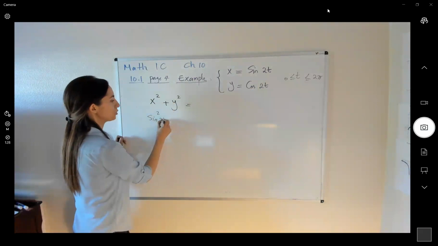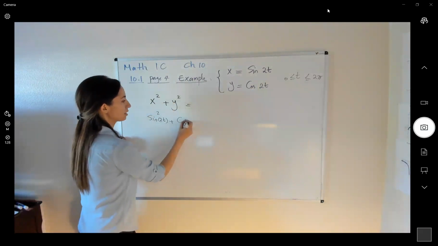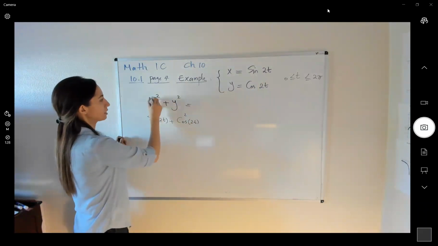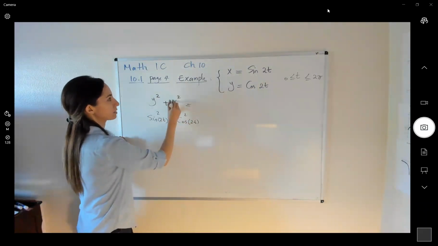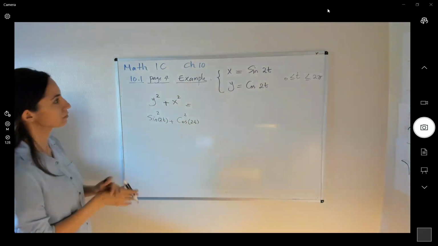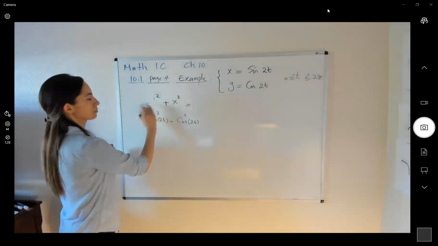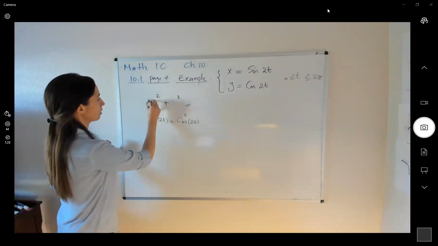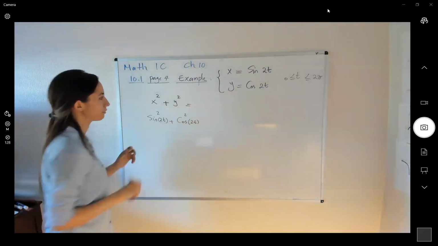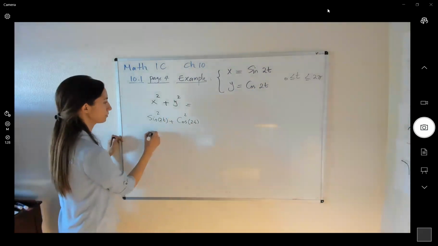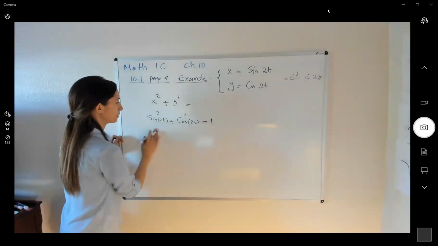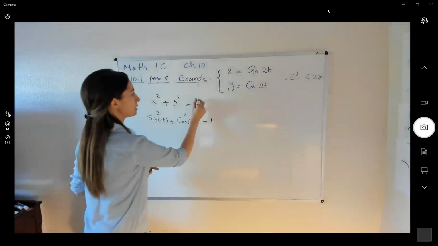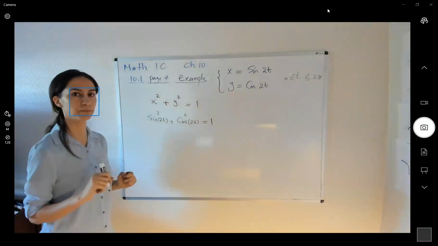Sine squared 2t plus cosine squared 2t, and rewrite these so you know that this is y and this is x. So x squared plus y squared is equal to always 1. So x squared plus y squared is equal to 1.